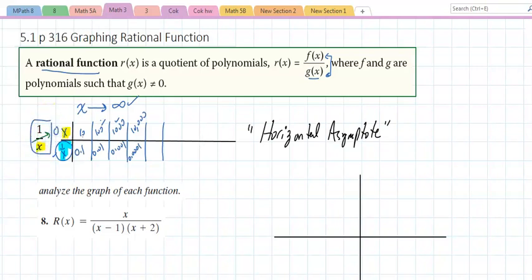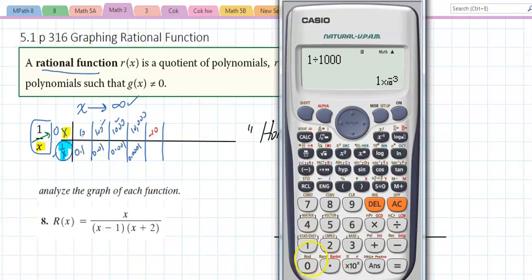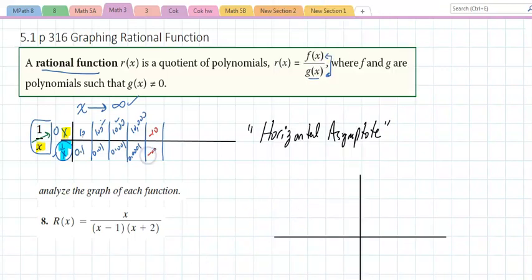What if I wanted to go negative? What if I chose negative 10? What is 1 divided by negative 10? That is negative 0.1. And if I went to negative 100, that's negative 0.01.